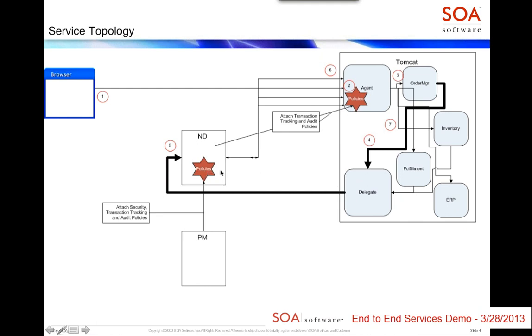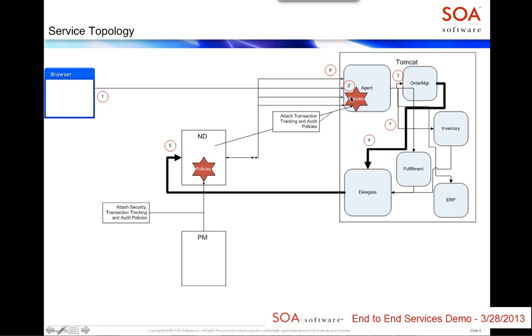Then, if it passes the security checks in the network director, it'll pass it down to what it thinks is the actual service that's been called, but the agent gets involved, and the agent is a filter that gets involved before the actual service implementation. And what we see in the agent is a logging policy here.